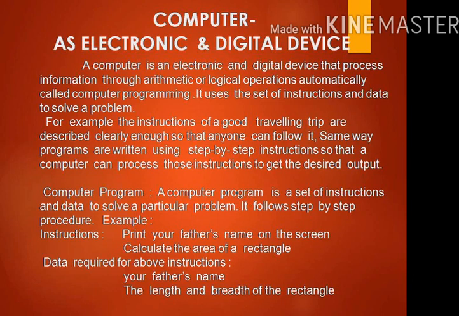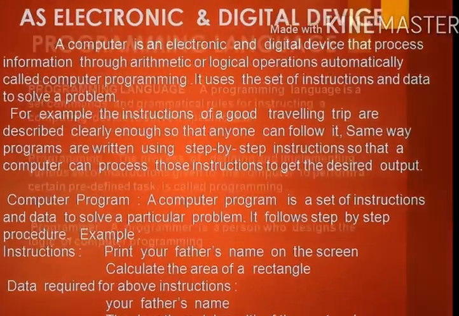It follows step-by-step procedure. For example, instructions: print your father's name on the screen. Calculate the area of a rectangle. Data required for the above instruction: your father's name, the length and breadth of the rectangle.